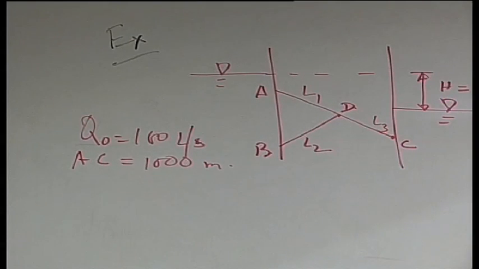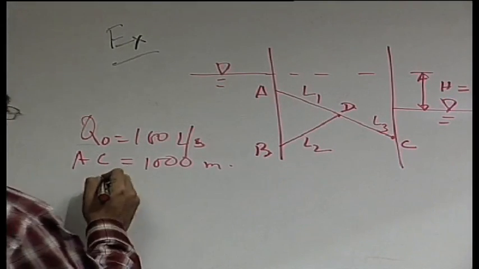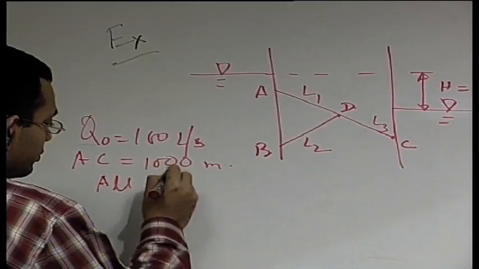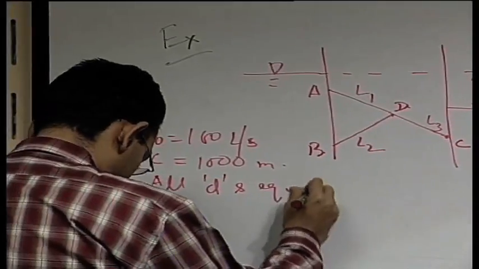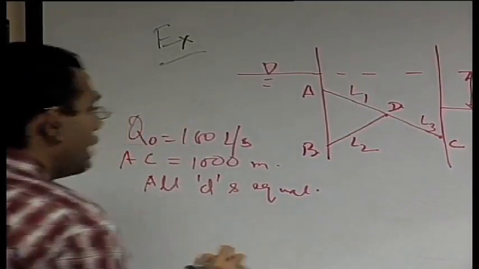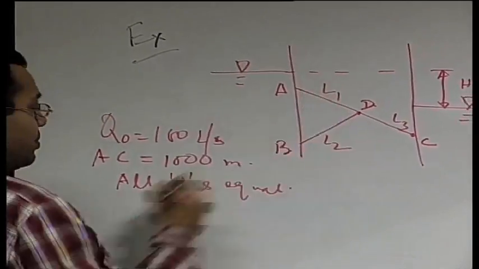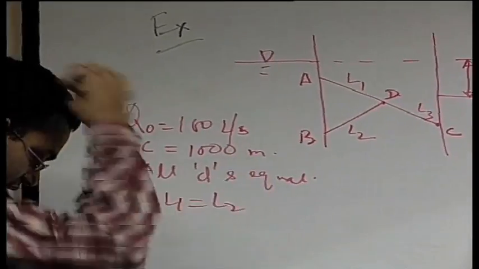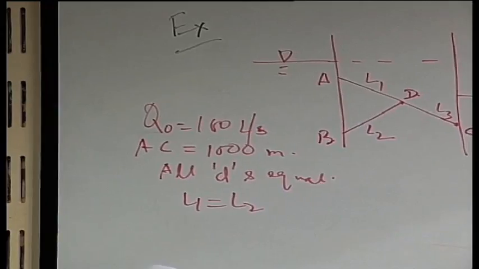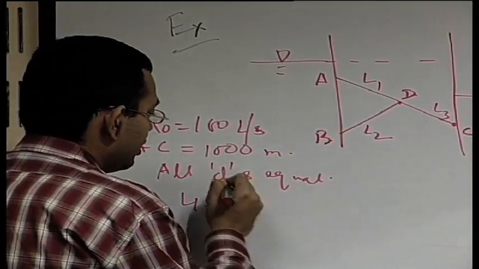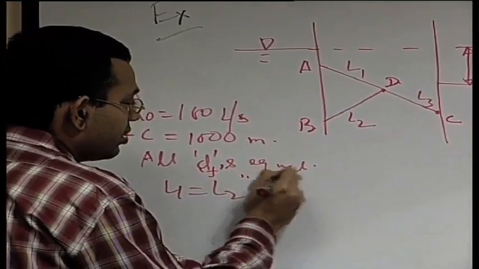All diameters are equal, and assume the same length for the two parallel pipes, that is L1 equal to L2, and the same friction factor for all pipes. So friction factors are also equal.